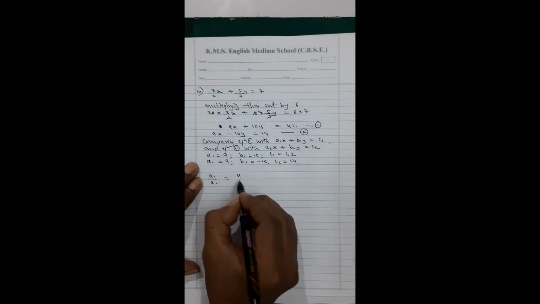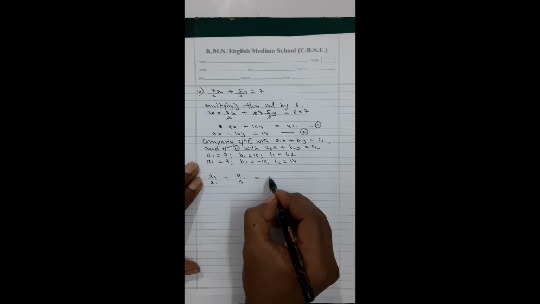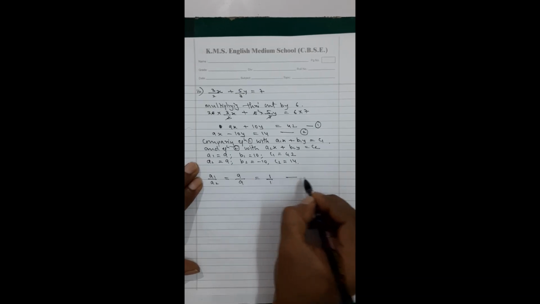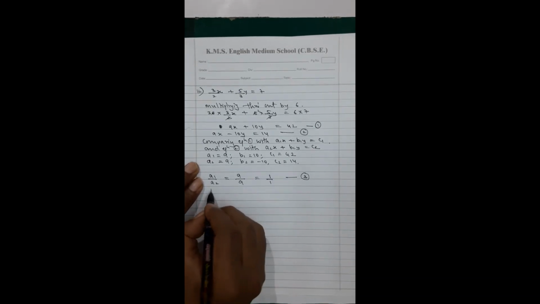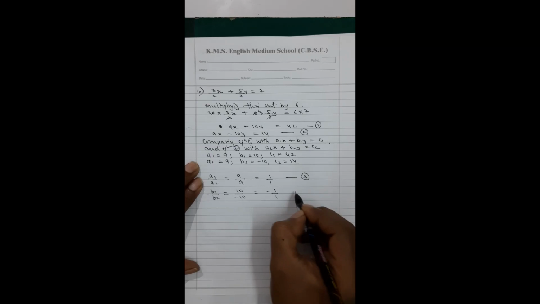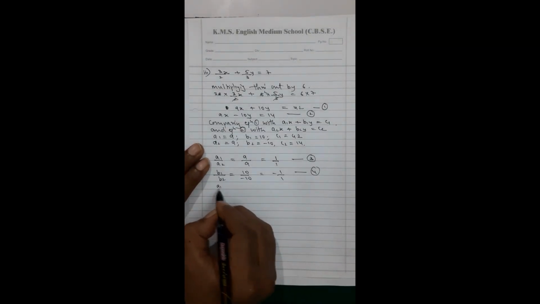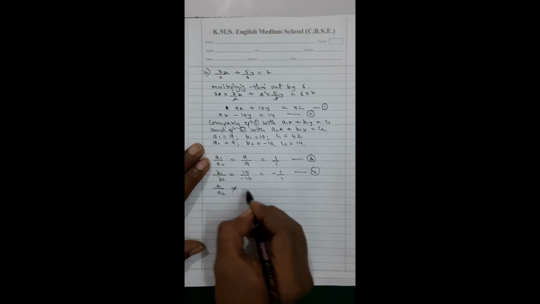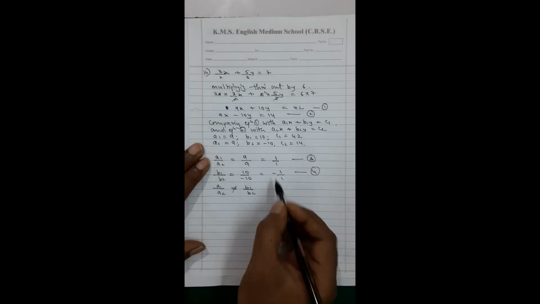You'll get a1 upon a2 is equal to 9 upon 9, that is equal to 1 upon 1. What is this? b1 upon b2 is equal to 10 upon minus 10, which is equal to minus 1. Now here they are definitely not equal. a1 upon a2 is not equal to b1 upon b2, but the signs are different.